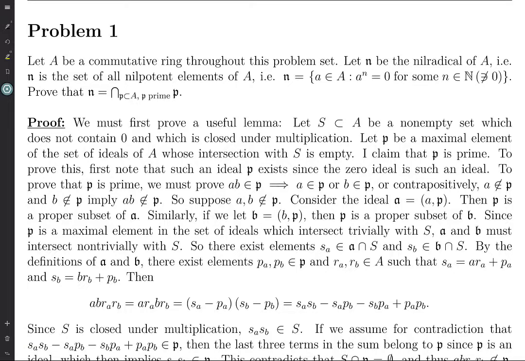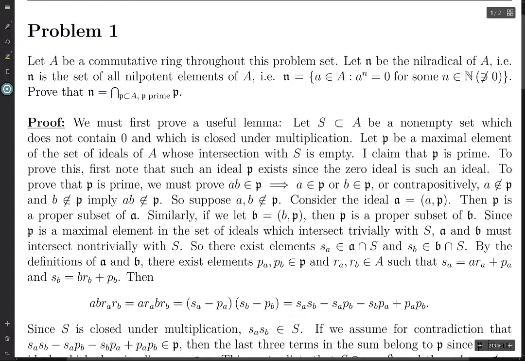It's a maximal element in the set of ideals whose intersection with S is empty, but that doesn't necessarily mean it's a maximal ideal. We know that maximal ideals are prime, so we can't immediately say P is going to be prime. We don't know that it's a maximal ideal, so we have to prove directly that it's a prime ideal.